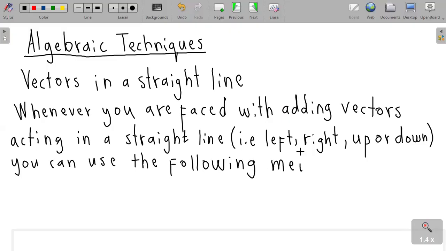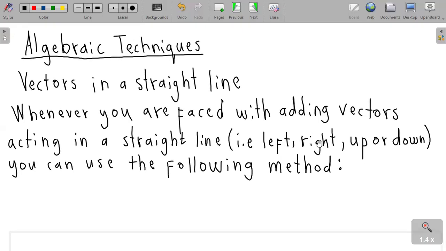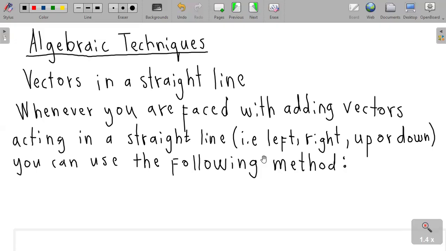So I'm going to break it here step by step, okay? So if the vector is acting in a straight line, so what do we mean when we say straight line? This means left or right or up or down, okay? This is what we mean when we say vectors in a straight line, okay?